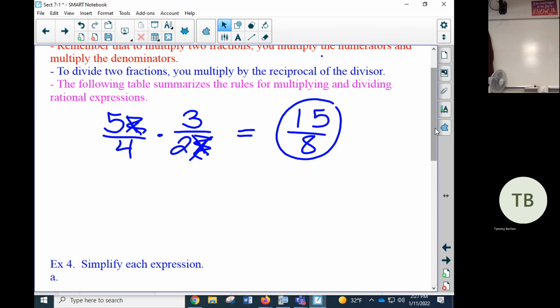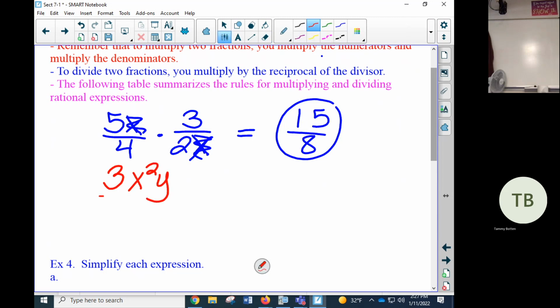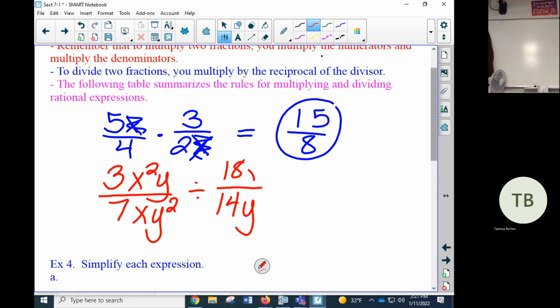Now, if they gave you division, like let's say they said 3x squared y over 7xy squared divided by 14y over 18x, okay?